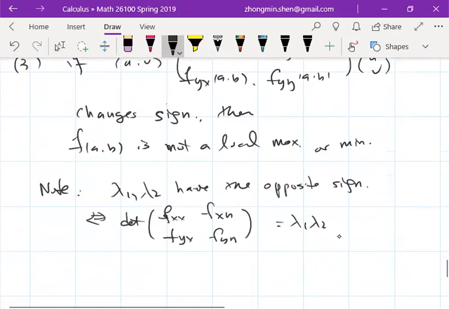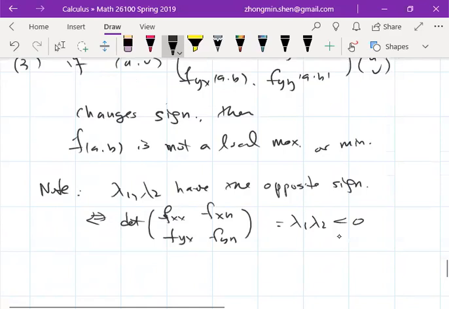Two numbers have opposite signs if and only if the product is negative. If they are both negative or both positive, the product is positive. So as long as the product is negative, they have opposite signs.